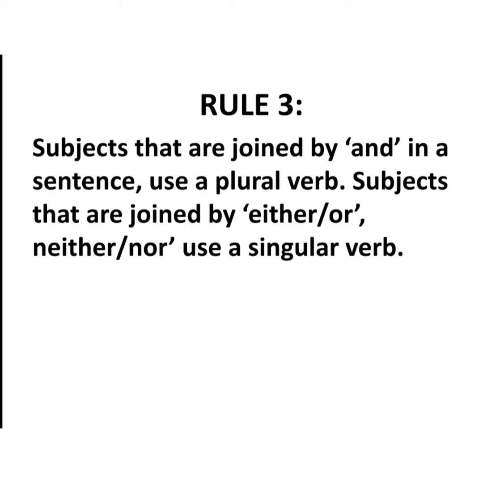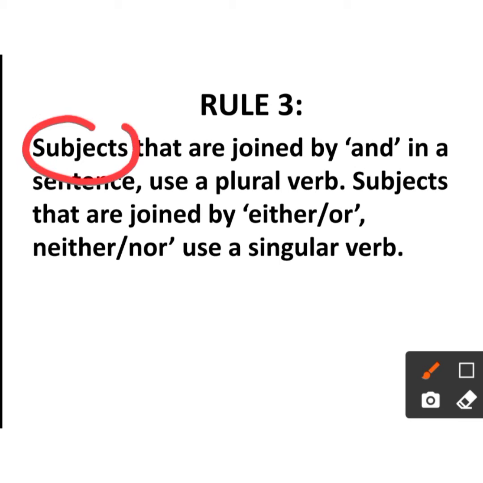And subjects that are joined by either or, neither nor use a singular verb. So when you have a subject that is joined by and, you must use plural verb.